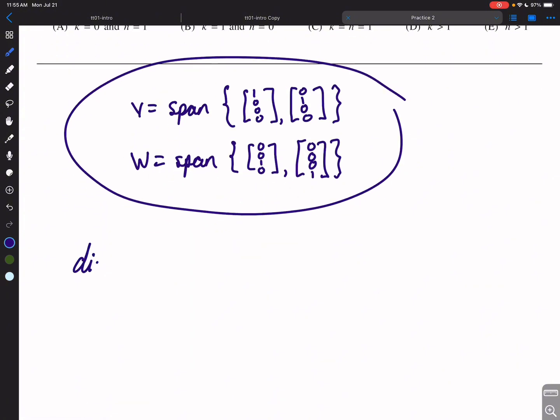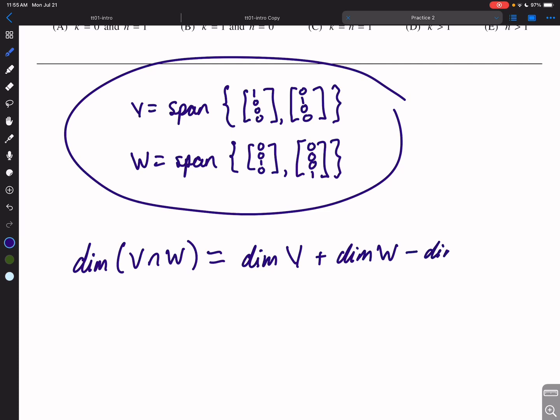If you had a good linear algebra class, then hopefully they discussed this, but it says that if you want to know the dimension of the intersection, then you have this relatively simple formula relating it to the dimension of the sum. So the dimension of the intersection is dim V plus dim W minus the dim of the sum.